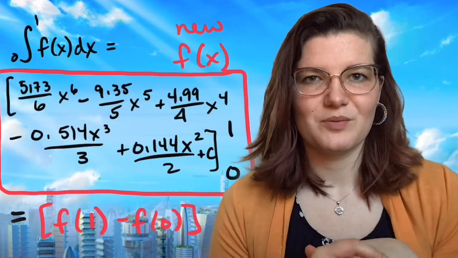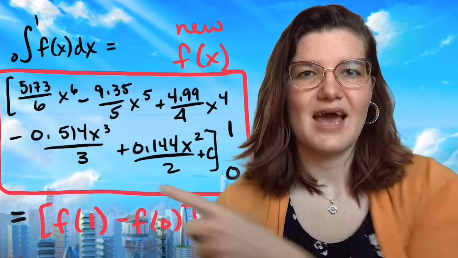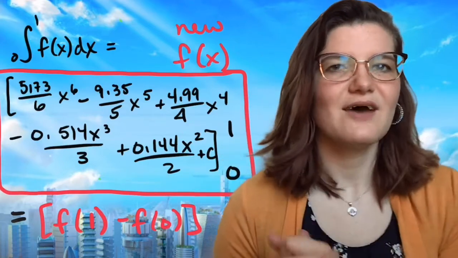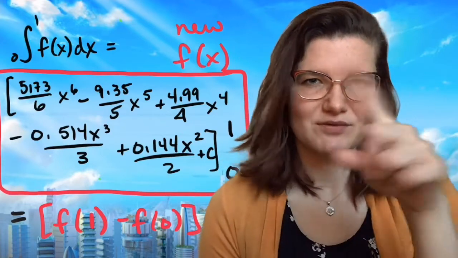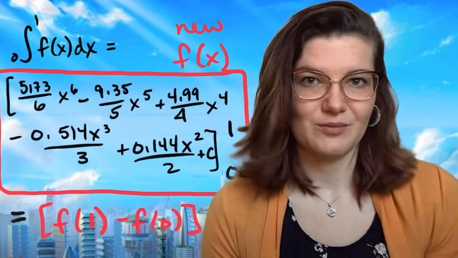Every term in here is being multiplied by x, so once I have all of my 1s listed out, I can just put a minus 0 plus c, because every other term is going to be equal to 0. My c's will cancel, and I'm just left with this long thing to evaluate. When I do that, I get 0.233. So I just plugged all those numbers into my calculator and evaluated it. I get 0.233, which means I now have the last piece of information I need to find my Gini coefficient.